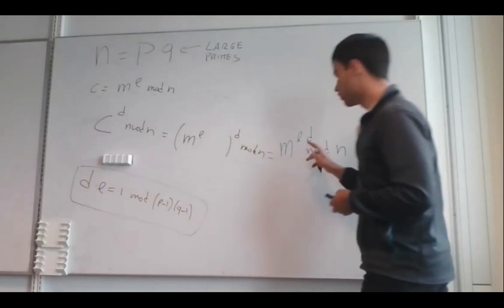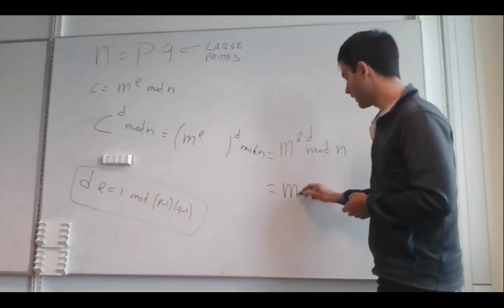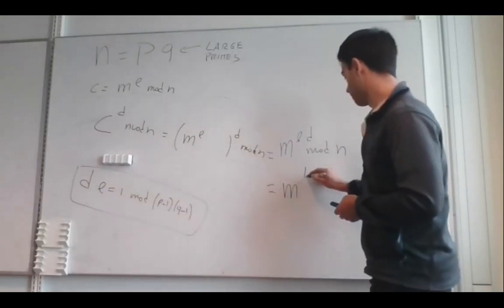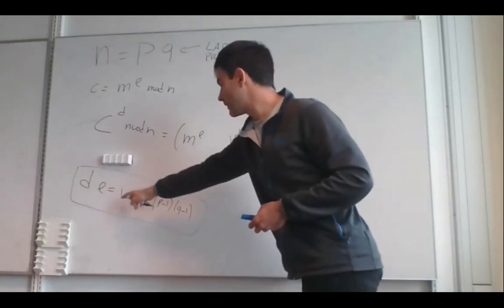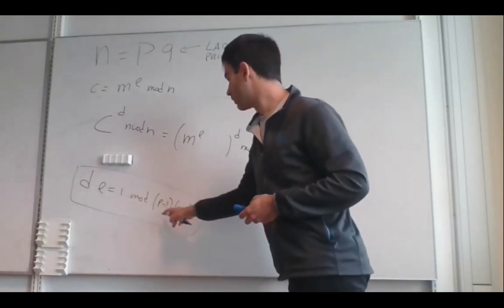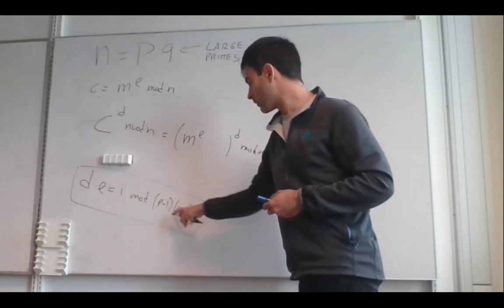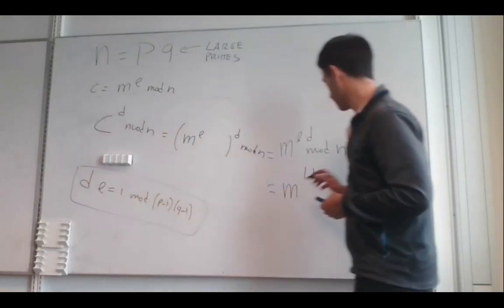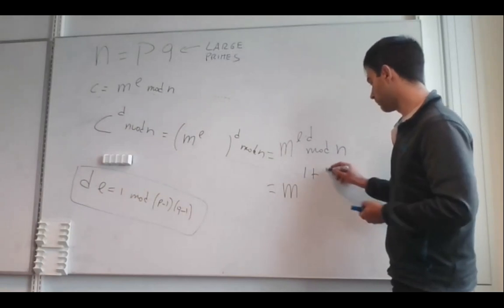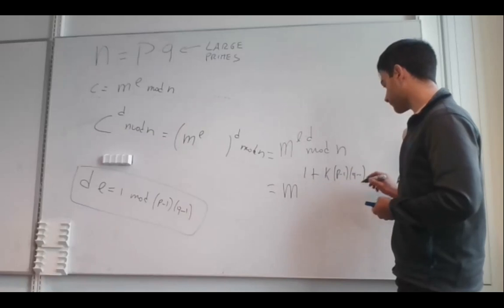But D and E have been chosen to be the inverse of each other, which means that this is equal to m raised to the 1 plus, what does it mean that D times E is equal to 1 modulo this value? It means that D times E is equal to some number, which is a multiple of P minus 1, Q minus 1, plus 1. So this is 1 plus some multiple, let's call it K, of P minus 1, Q minus 1.